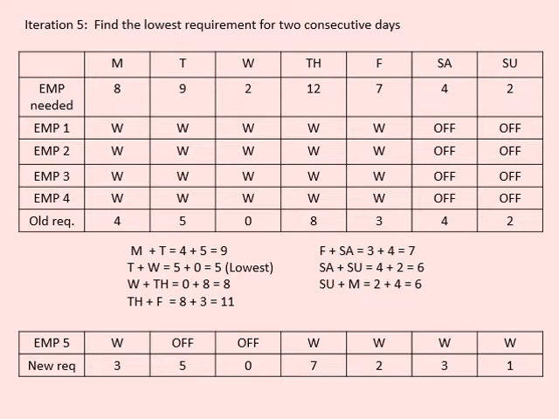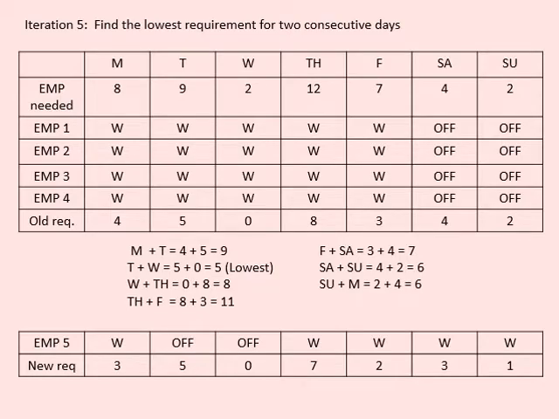Hence, employee 5 is given off on Tuesday and Wednesday. Again, the new requirement is calculated after subtracting the allocation from the total requirement. We get 3 workers needed on Monday, 5 on Tuesday, 0 on Wednesday, and so on.